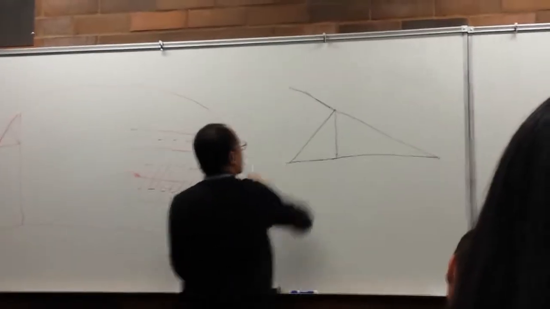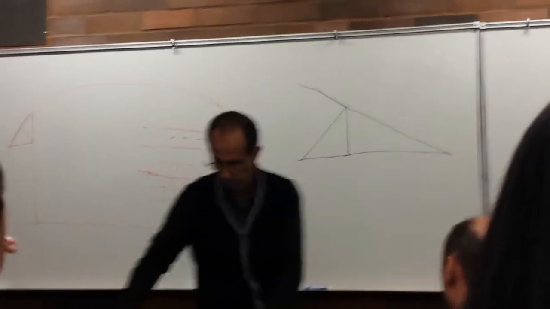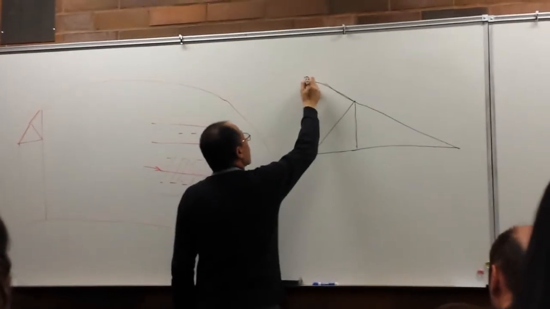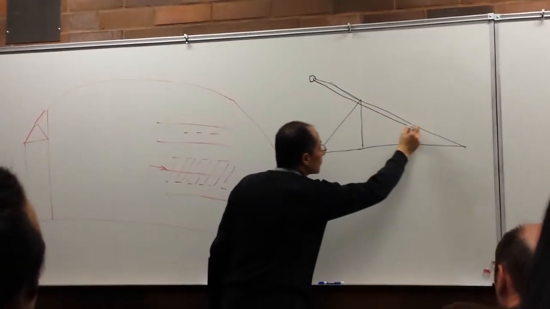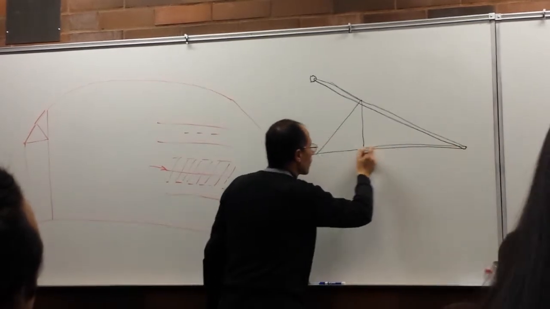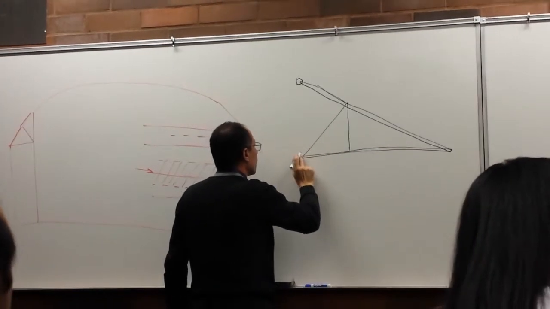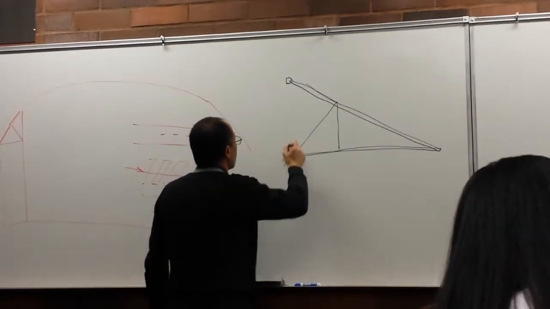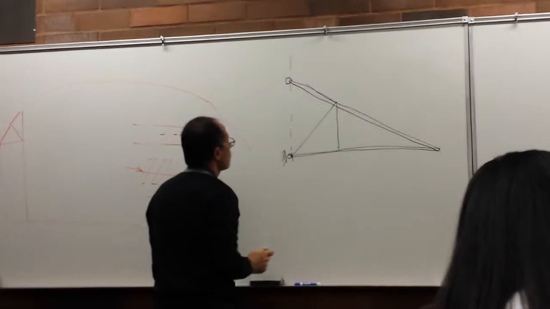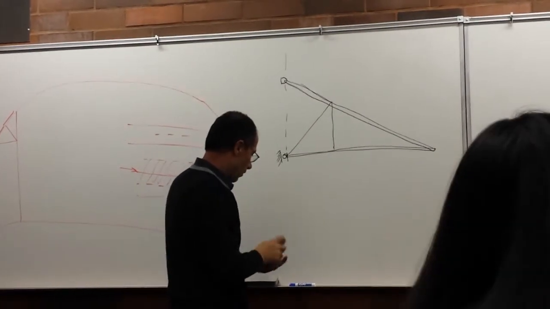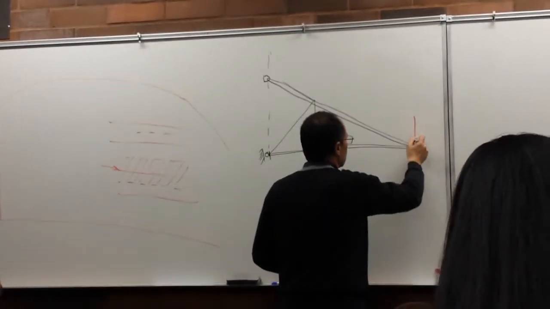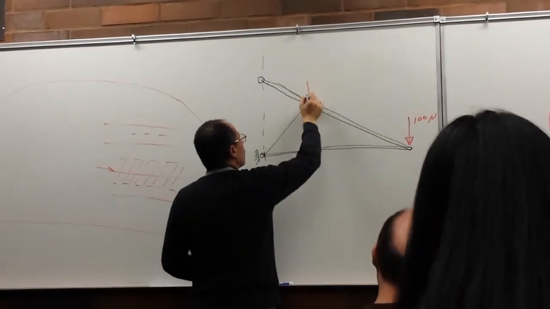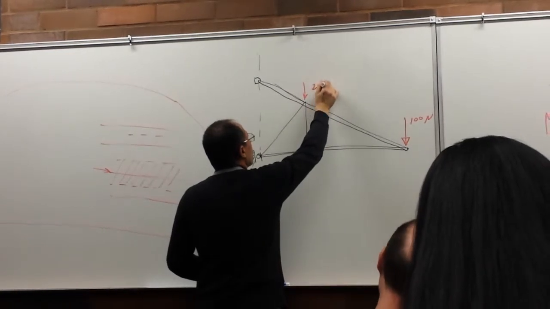Let's call this a truss. Simple one. This is connected here with a pin. Connected here with a roller. These are on the same line. And we have one force here, 100 Newton. We have one force here, 200 Newton.